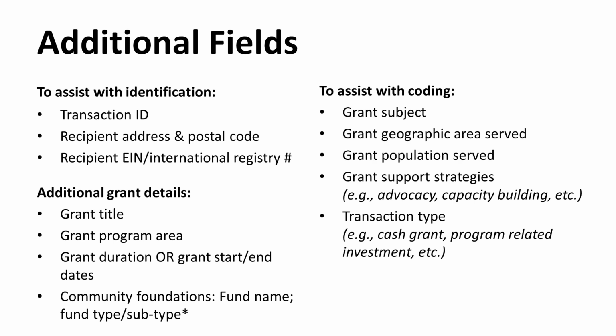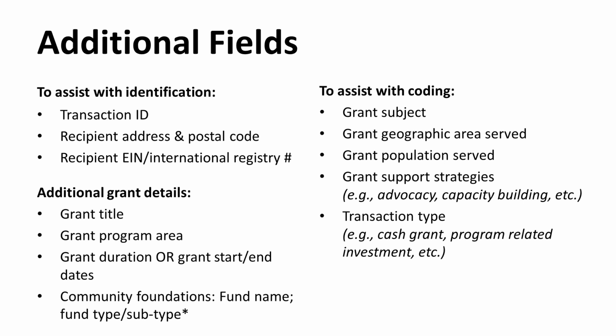And then finally, there's some fields that assist us with coding your grant properly. So when we receive your information, we code it according to our taxonomy, which covers these 5 facets: subject, geo area served, the population served, support strategies, and the transaction type.